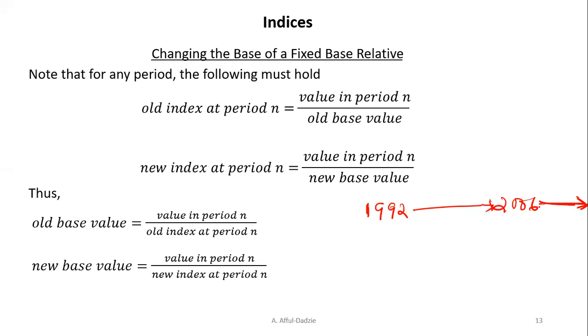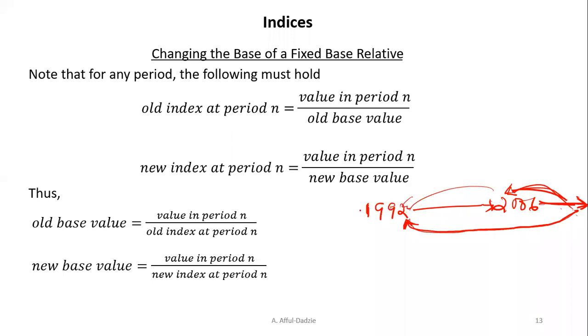Now, however, in 2020 here, we can also make a comparison to what the situation was in 1992. So we can have a current period that is being compared to the current base period, or probably compare it to an old base period.